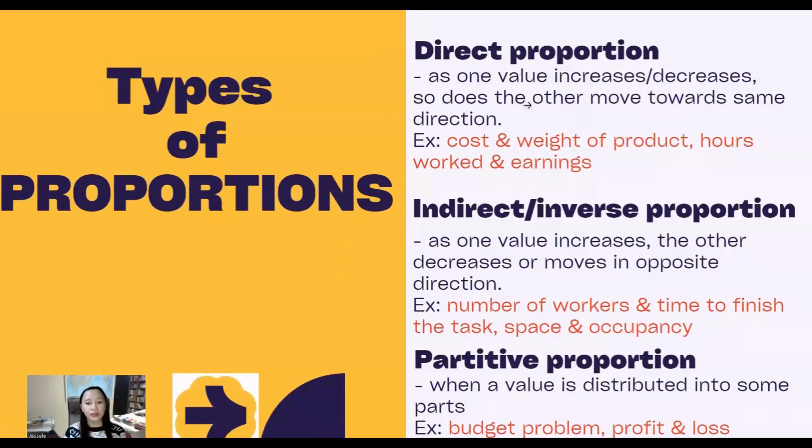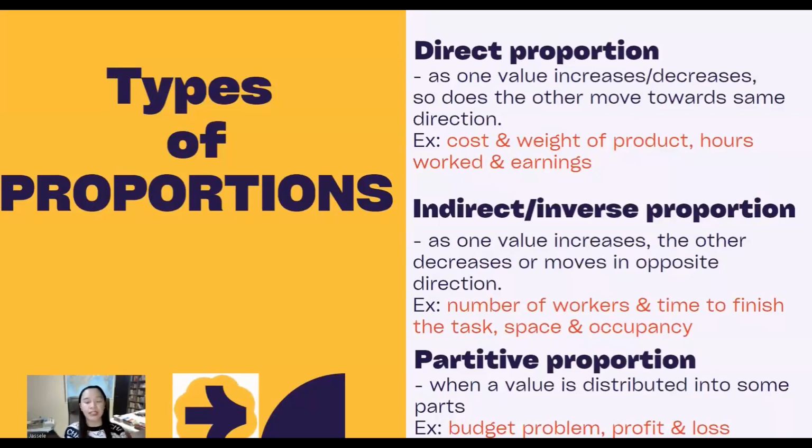So example here, cost and weight of product or hours work and earnings. So, 'di ba? So, pag tumaas yung cost, tumataas din yung weight ng product. Of course, kung mas mabigat or mas malaki yung binibili nating produkto, mas mahal yung presyo. Okay. Same goes with kung mas mahaba kang nag-work, mas mataas din ang iyong sahod or earnings. Any questions? All right, that's good.